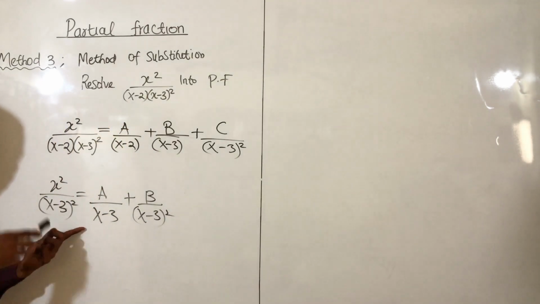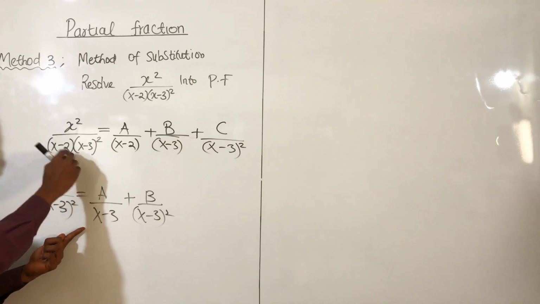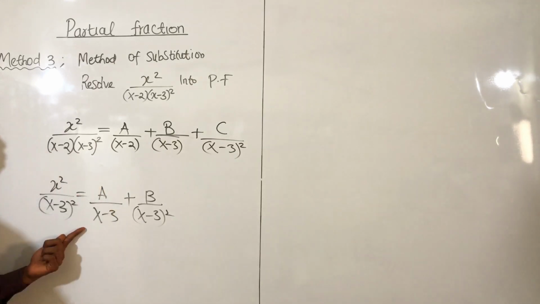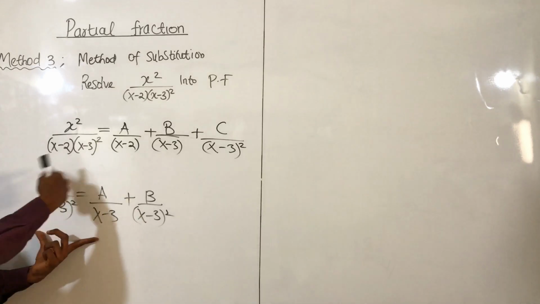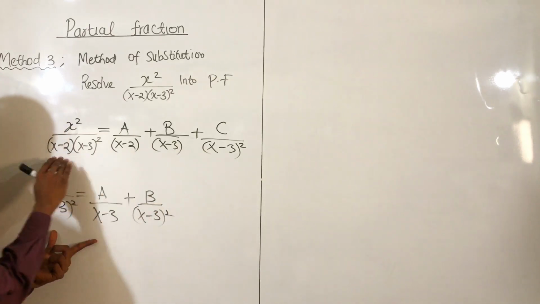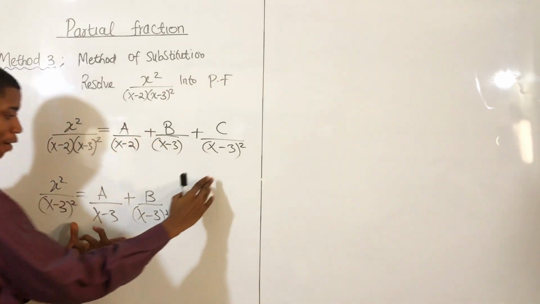This is a repeated linear factor, but you may still be given another factor. You should understand this, so I'm using this principle, because if I'm given an extra factor and that factor fails, then we still have what we have here.